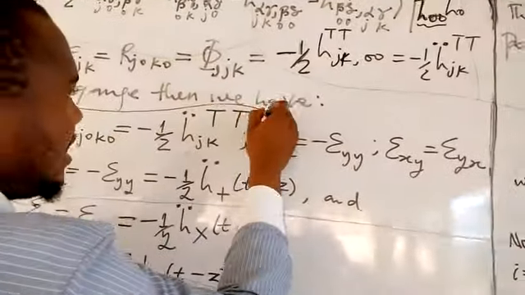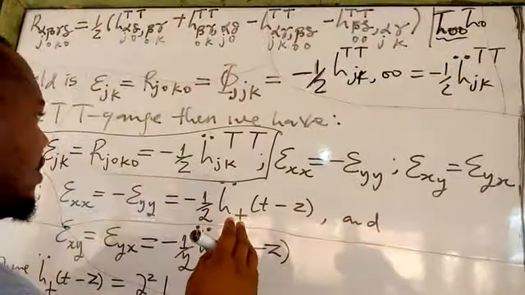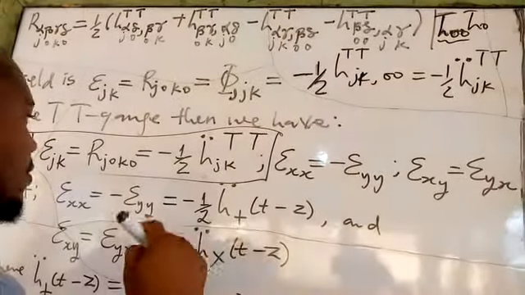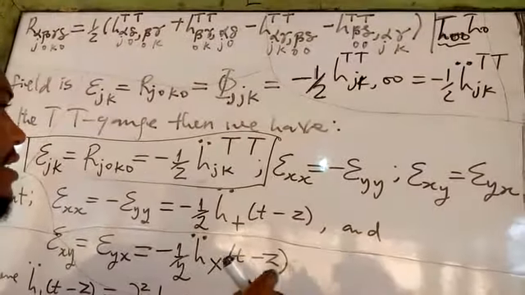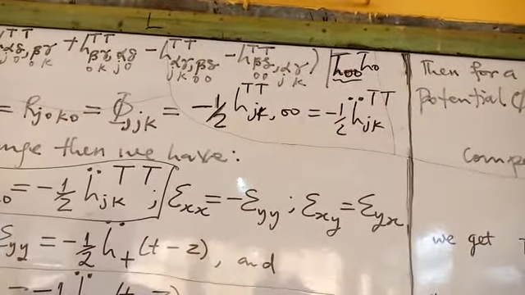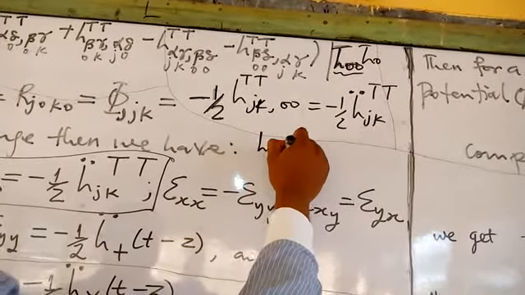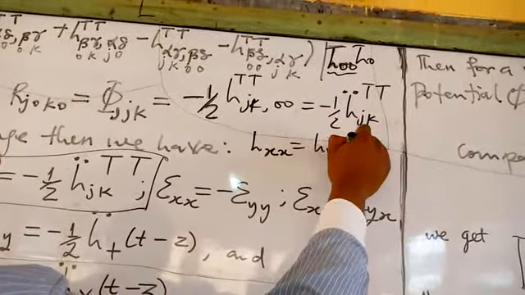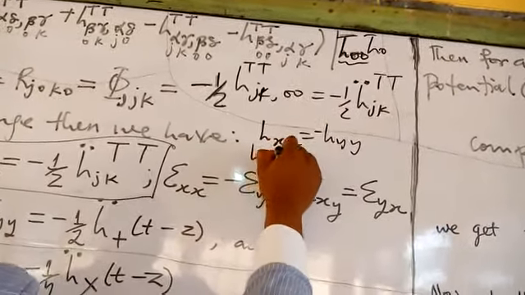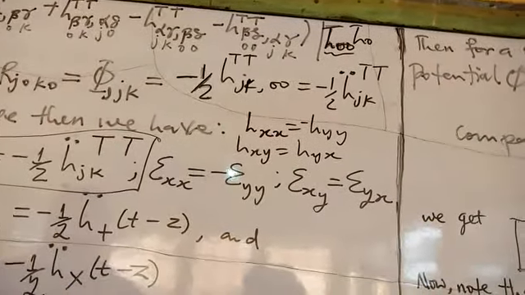Now, looking at this, if I have selected only the spatial components, remembering that in the spatial components we talked about the independent components of h being just h_xx equal to minus h_yy, and h_xy equal to h_yx. So again, this is what will be reflected in what we have here.